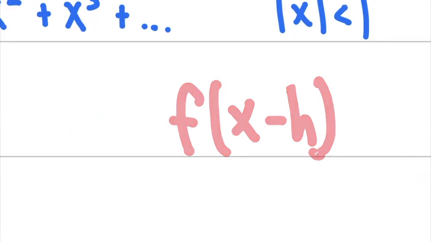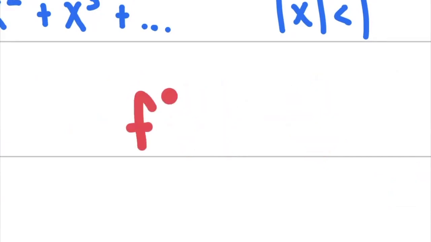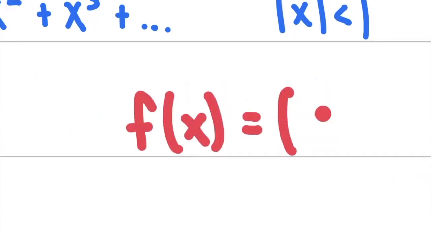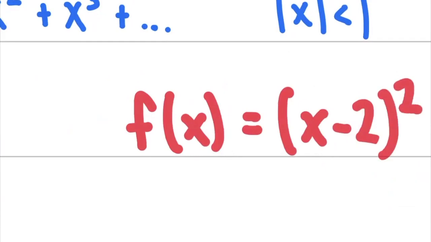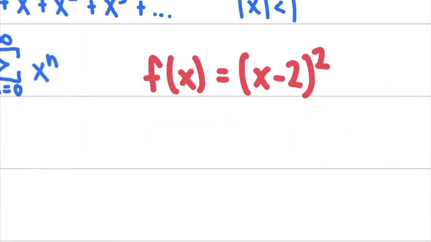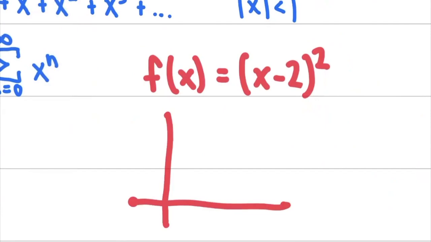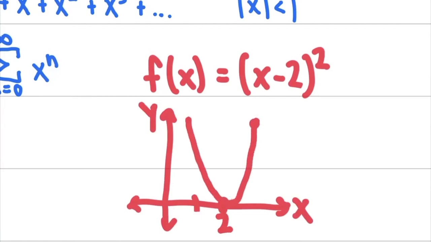So for example, if you want to graph the function f of x equals x minus 2 squared, this is just a parabola, and it's shifted 2 units to the right. So your vertex is going to be at, let me just put my x and y axes, it's going to be at 2 comma 0 like that.